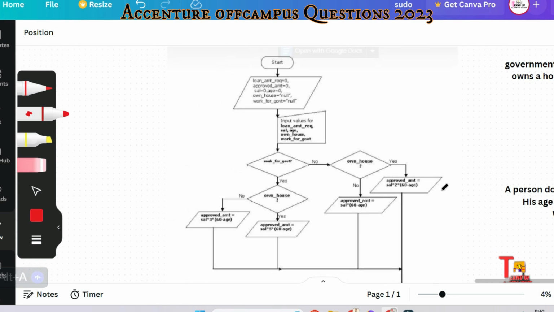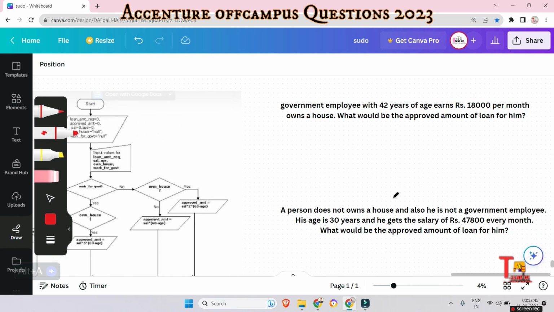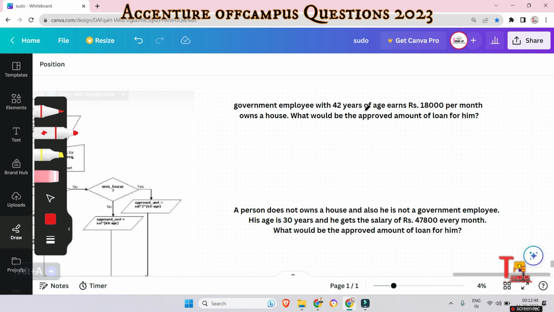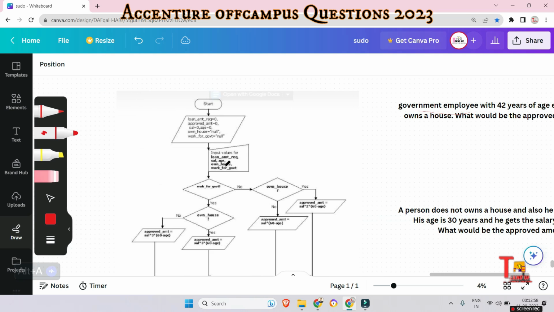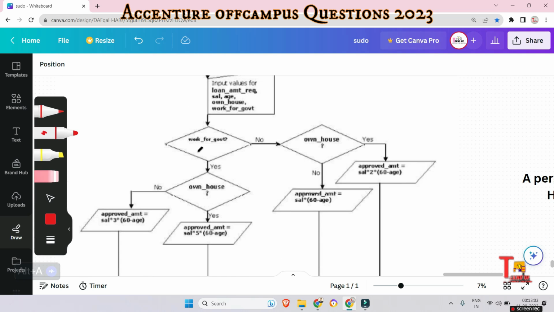So let's see what are the questions asked to us. A government employee with 42 years of age earns rupees 18,000, right? And he is actually a government employee, right? And we saw that the conditions are whether they work for government or own house.